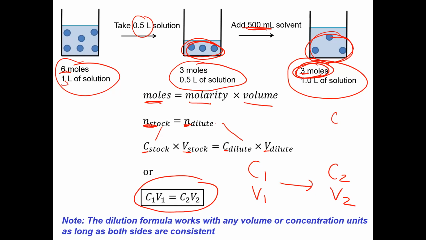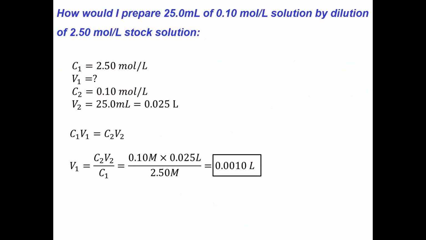You'll see that in this formula there are 4 variables. Typically you'll know 3 of them and 1 will be missing. It says, how would I prepare 25 milliliters of 0.1 mole per liter solution? That's what we want to end with, so C2 is 0.1 and V2 is 25 milliliters.